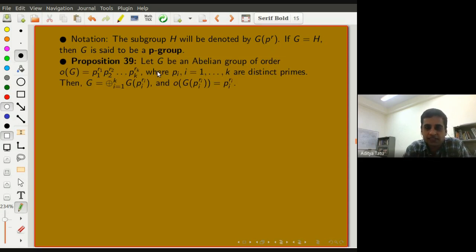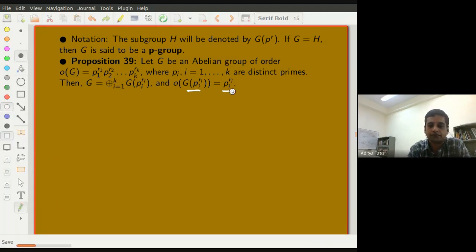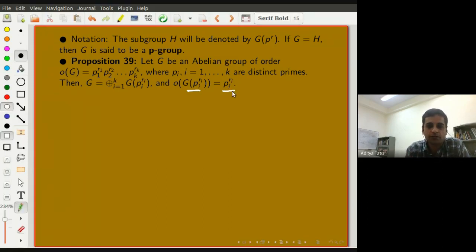And proposition 39 is basically recursion using proposition 38 recursively. If G is an abelian group of order p1^r1 p2^r2, and so on up to pk^rk, where p1 to pk are distinct primes, then G can be shown to be a direct sum of the G_pi subgroups, where the order of each G_pi subgroup is pi to the power ri.